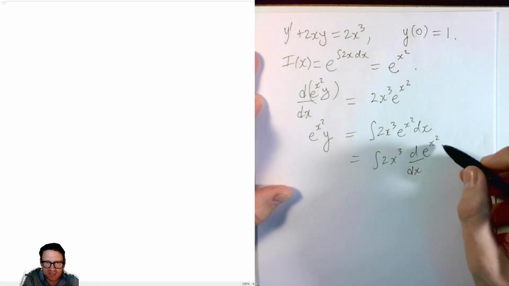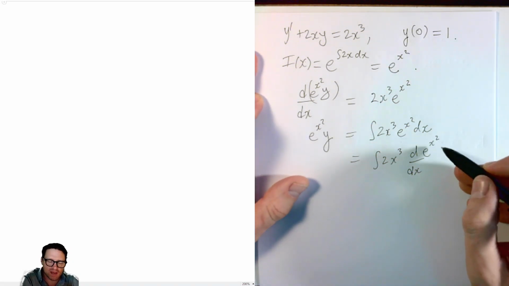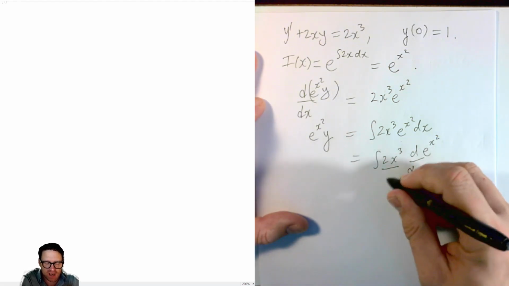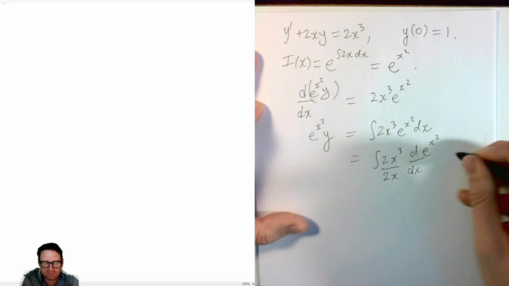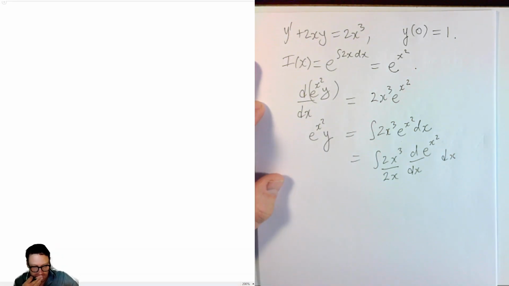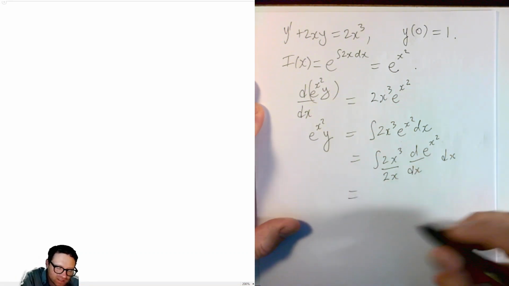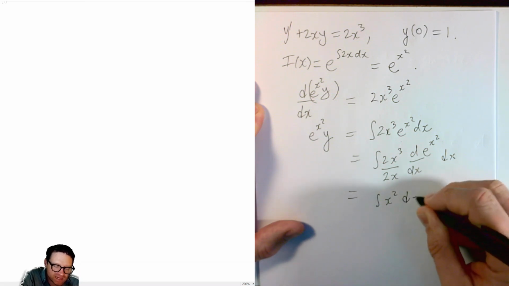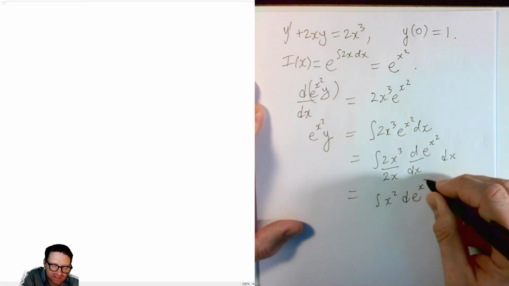Now if we differentiated that, we would need the product rule, and that would pull down a 2x. So we need to compensate by dividing by that 2x. Okay, so this is the integral of x squared with respect to e to the x squared.